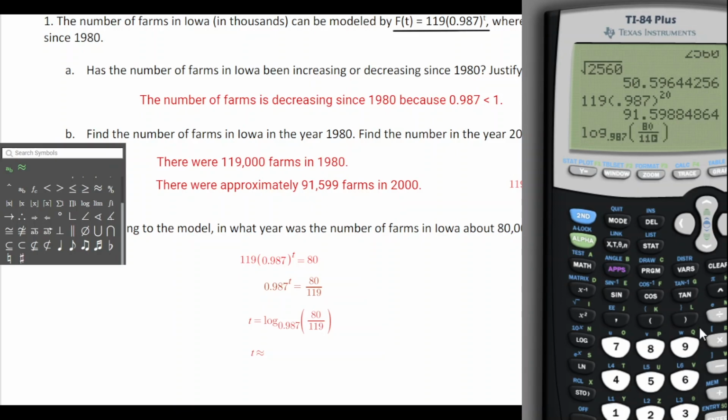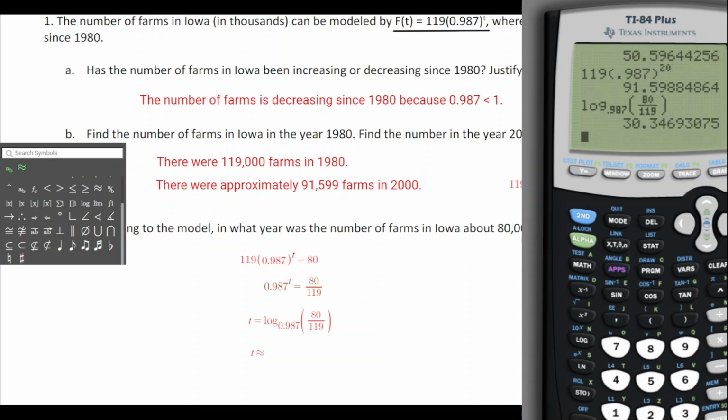Now just trying to think realistically here. Since there were 91,000 farms in 2000, to get down to 80, I'm going to guess maybe like 2010. It's definitely going to be after 2000. So let's see what we get. We get 30. So that's this many years after 1980. If we want to know the exact year, what we can do is just add this to 1980, and we'll get the year.